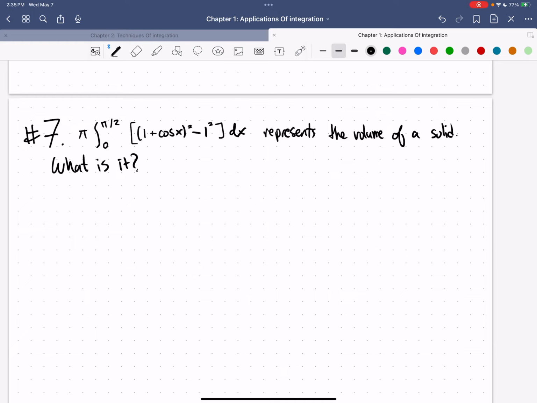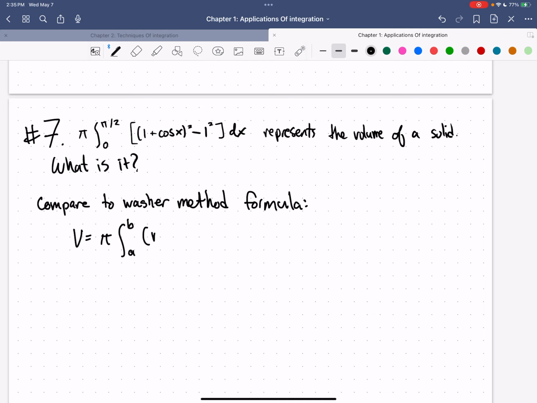So if we compare it to the washer method formula, that says that volume is equal to pi, some bounds of integration a and b, and then it's the outer radius squared minus the inner radius squared times dx.